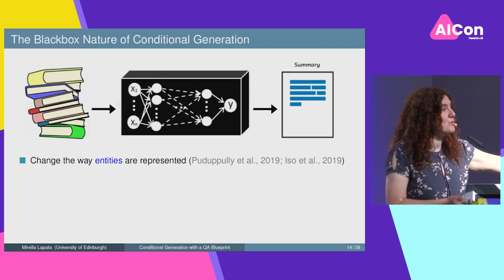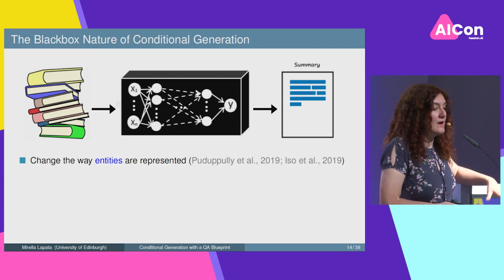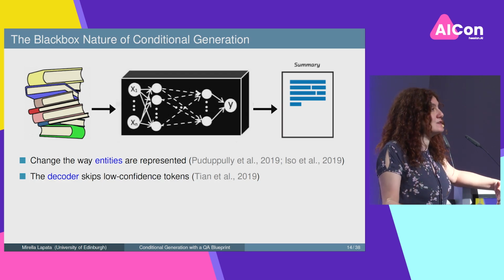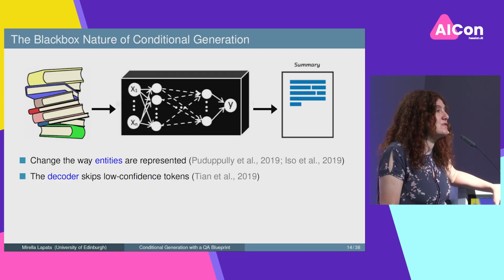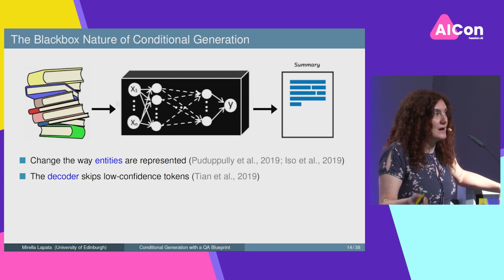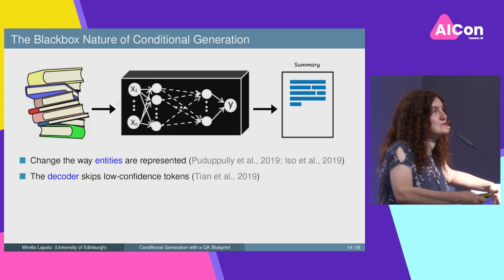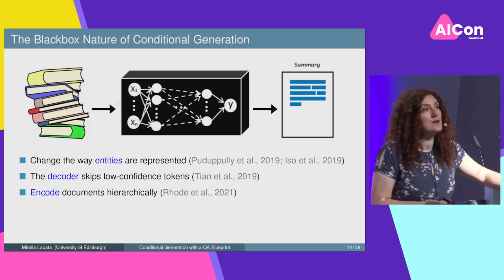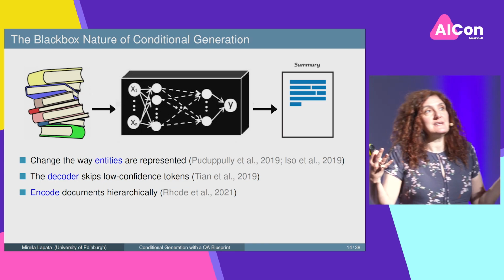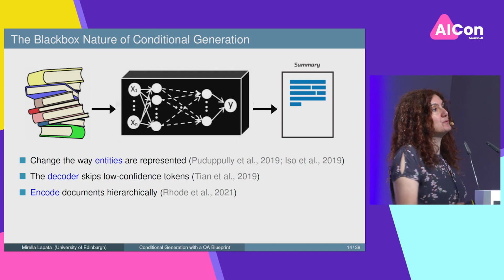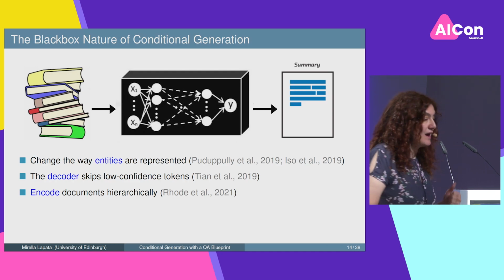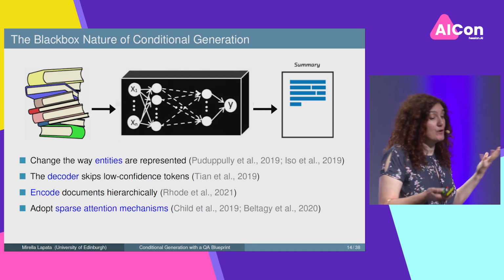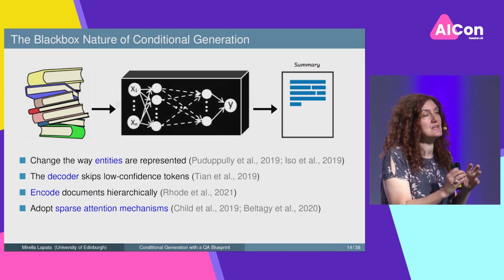You have some memory where you go and look up entities. Another way is to change the decoder. You say, if my decoder has no high probability on some words, just skip them. Another fashion would be to change the encoder, somehow deal with the fact that you have very long input and encode it hierarchically. And a fourth way is to change the attention mechanism.